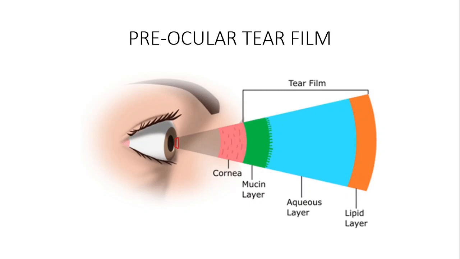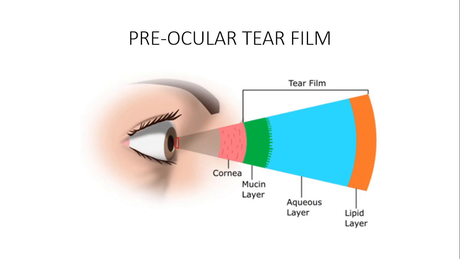Another source of reflex tear film production is what? Bright light. If I shine very bright light into your eye, after a while, you start producing a lot of tears. Another one is mechanical stimulation of the nasal mucosa. It will also start producing what? A lot of tears from your eye in terms of reflex secretion.